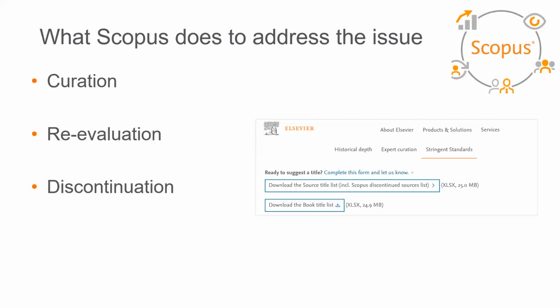You will find stringent standards. If you go to About Scopus, just follow the links until you get to stringent standards, and you will also find this list as well as all the selection criteria.